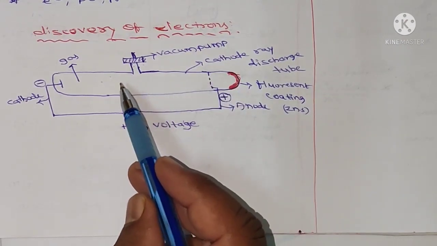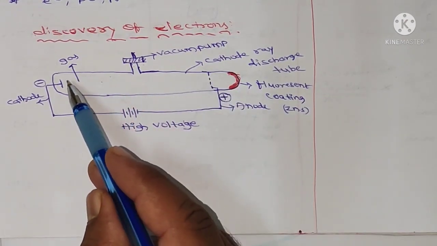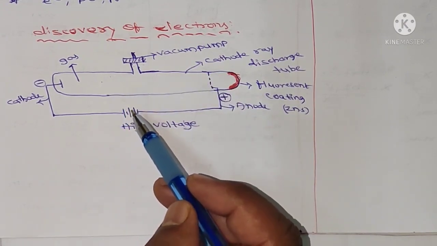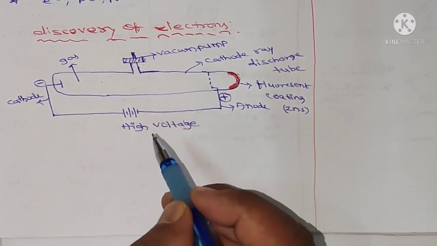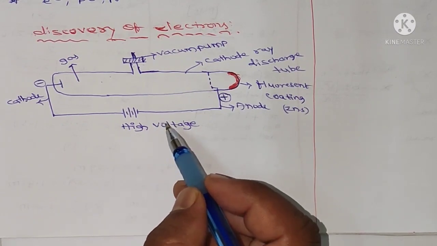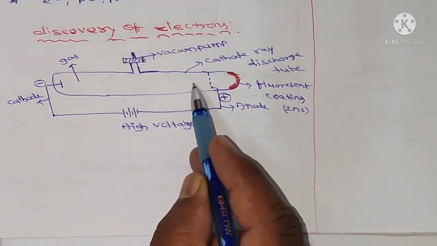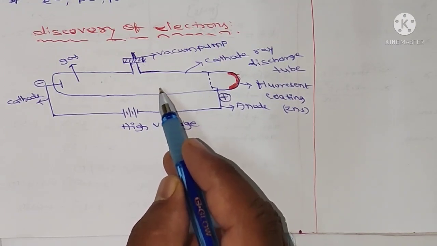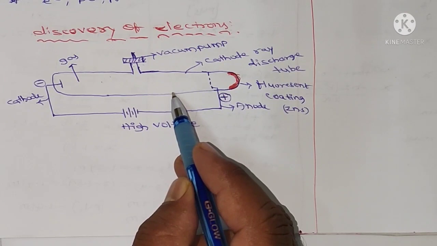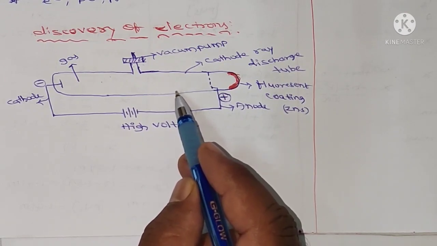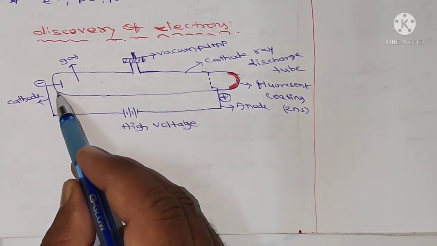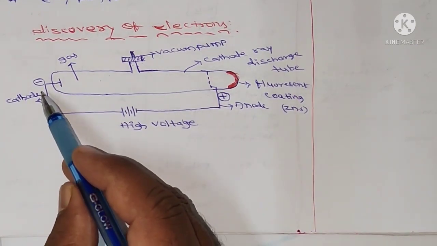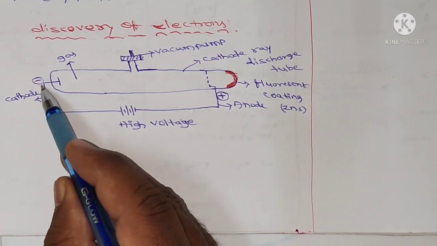So here it is, the cathode ray discharge tube. In 1850, Michael Faraday studied the electrical discharge in the cathode ray discharge tube, which is made of glass and contains two metal electrodes. On this side we have the cathode electrode, which is a negative electrode.